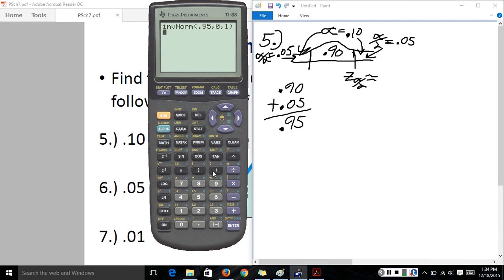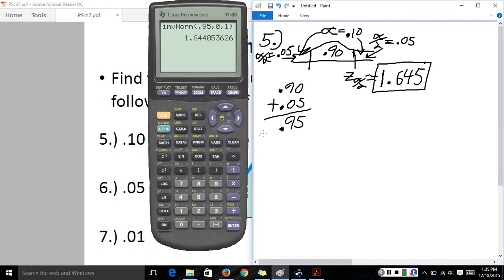That's why I'm using z-scores or standard scores. 1 for the standard deviation, and I get my answer. Now, I'm going to round that to 3 places instead of the usual 2 for reasons that will become clear later. So the z-score, positive 1.645, is the critical value for a 90% confidence interval.